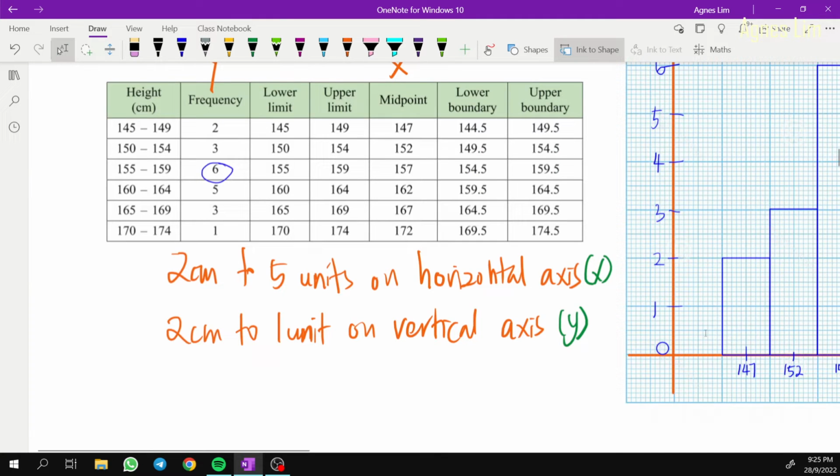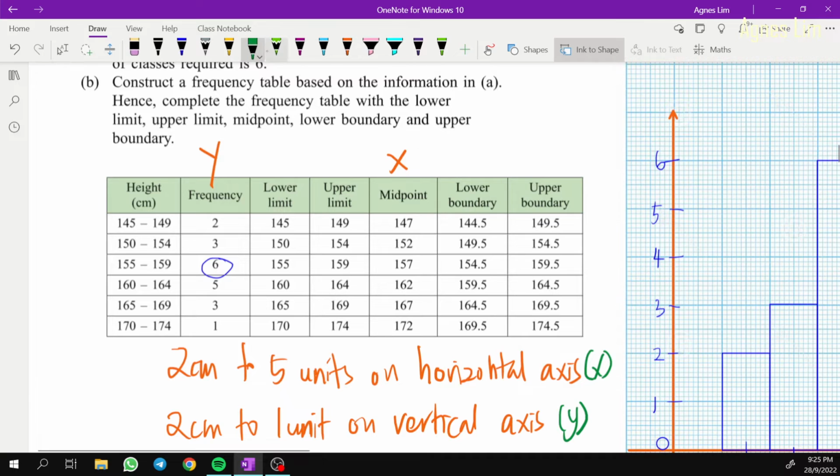Alright. So for the frequency polygon, we need to have two extra classes. One class that is before, and another class that is after, with the frequency 0, which is non-existent. So what is the class before our first class in the table? It should be 140 until 144.